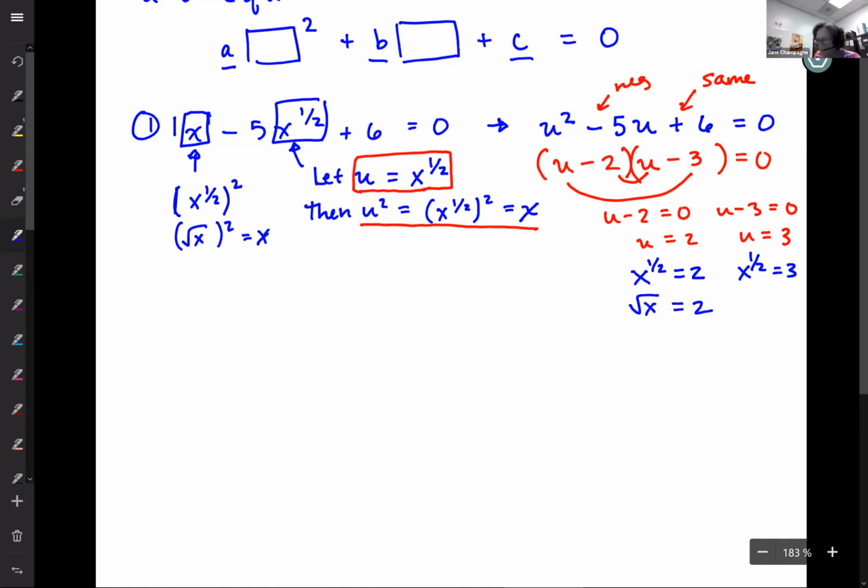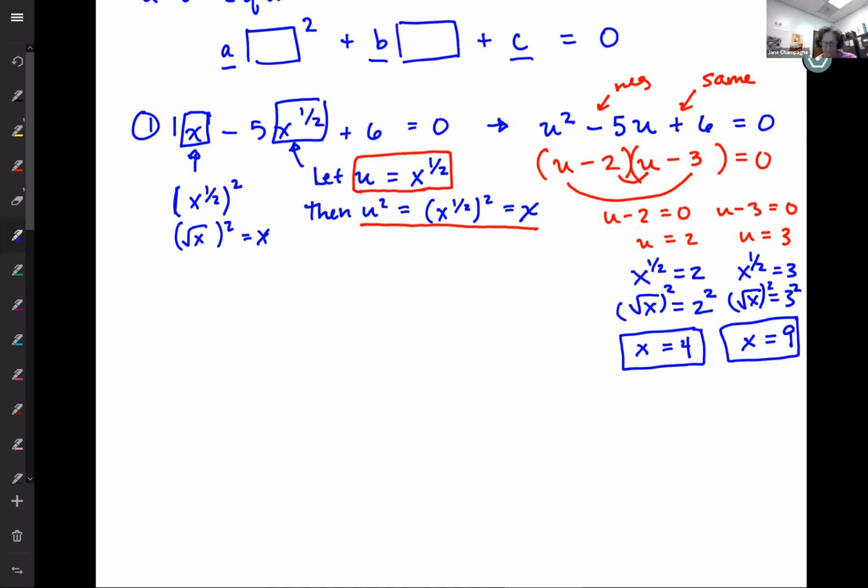Well, we need to square both sides. And x is 4, right? If the square root of x is 3, then x is going to have to be 9. So these are the two solutions. Sort of makes sense? Let's do another one.